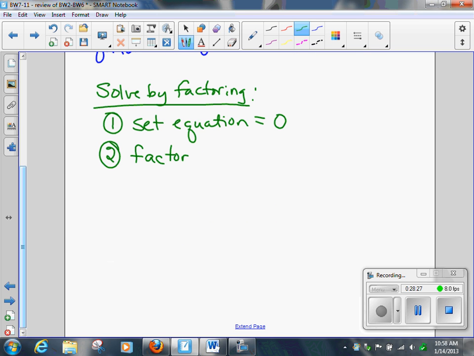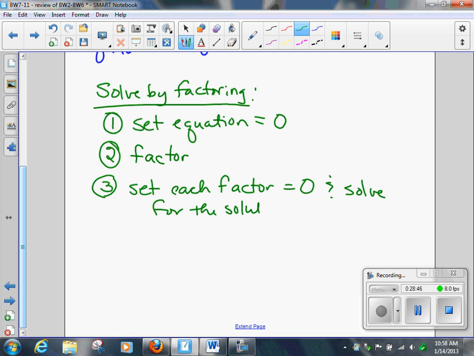Again, if you don't know how to factor, you're up the creek. Third thing, set each factor equal to 0 and solve for the solutions.